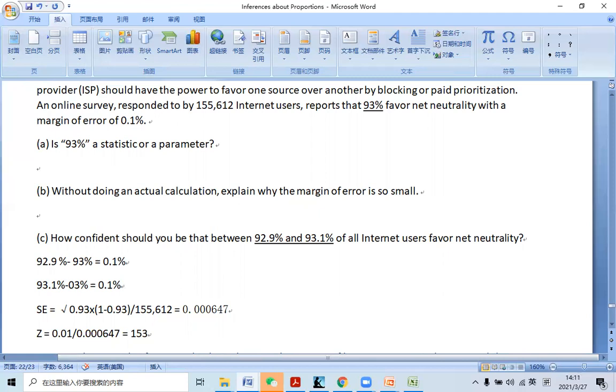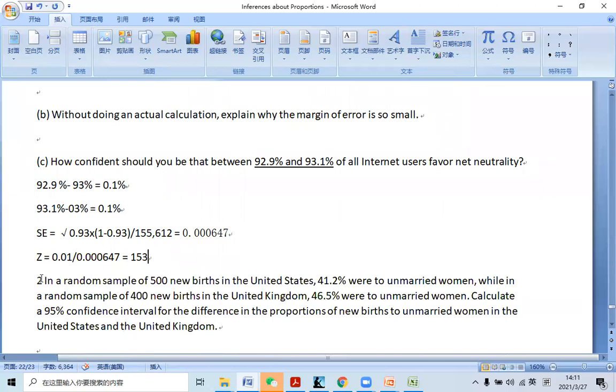That's a really big z-score, a huge z-score. So you can be really highly confident, almost 100%, more than 99% confident that you're going to get this kind of proportions.